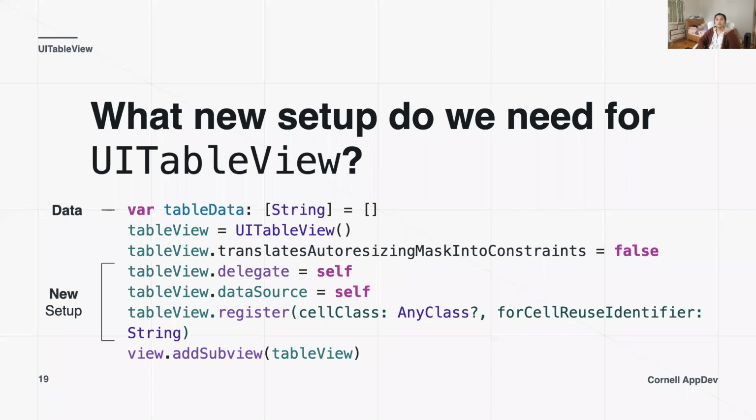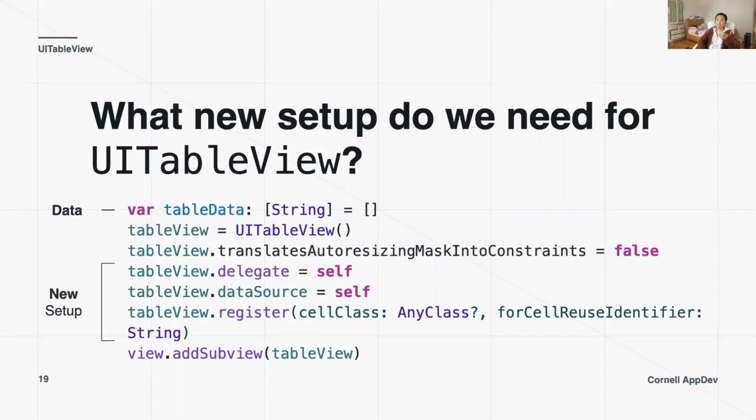But what is the new setup that we have to do in order to set up our UITableView? Most of the new setup boils down to four main lines. The first line, var tableData: [String] equals the empty array, just sets up the data that you want to display inside of your table view.